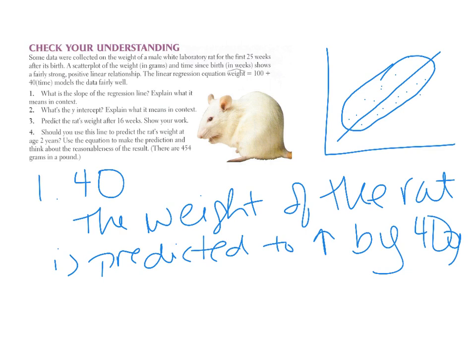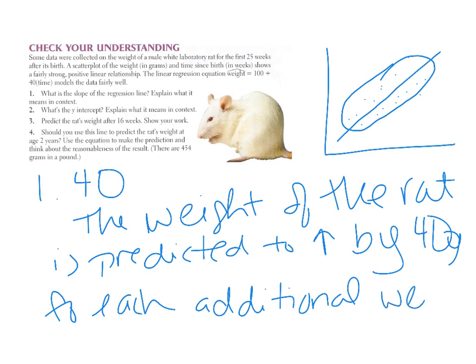Then I put my x in context: for the first 25 weeks, for each additional week. So the weight of the rat, my y in context, is predicted to go up by 40 grams for each additional week that passes, however you want to word that exactly.